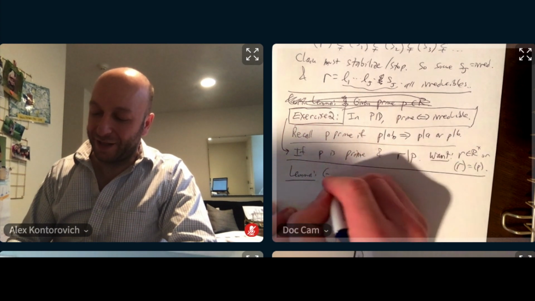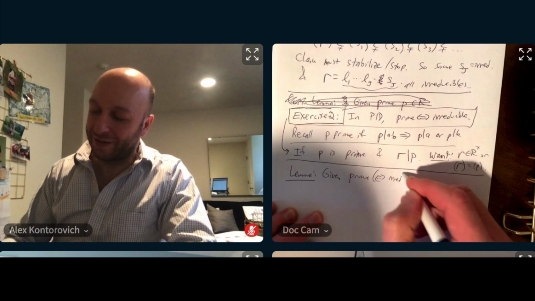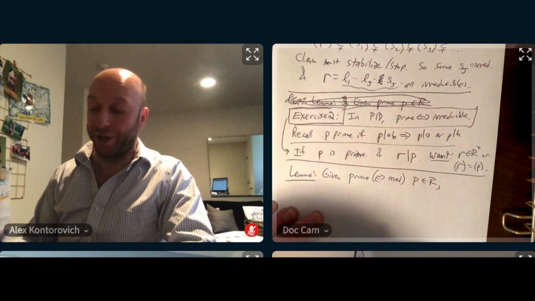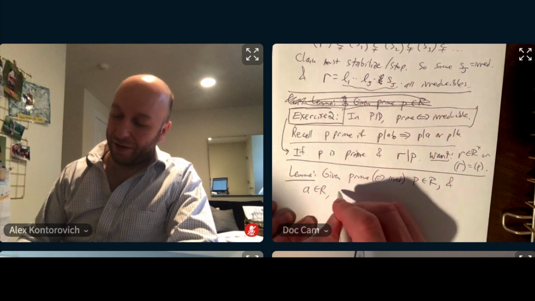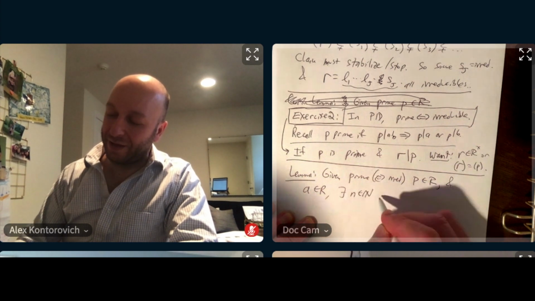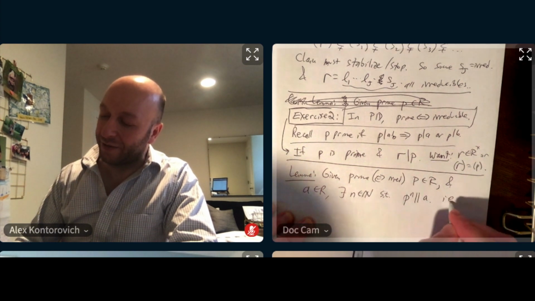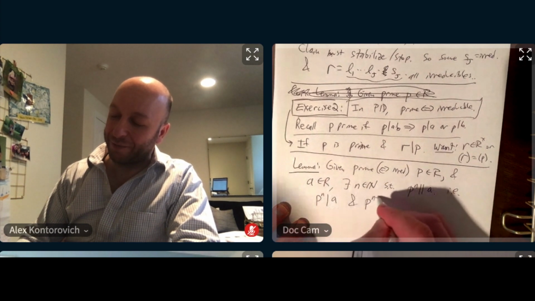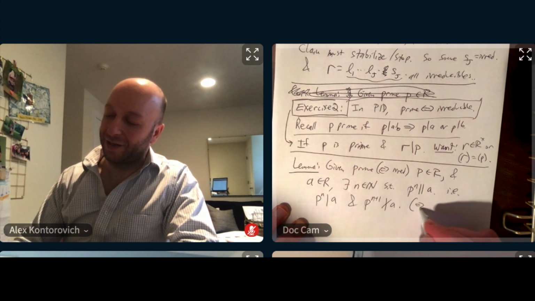The lemma is: given a prime, equivalently irreducible, P in R, and an element A in R, there exists a natural number n so that P to the n exactly divides A. In other words, P to the n does divide A, and P to the n plus 1 does not divide A. In which case, we say that the ORD of A at P is n.